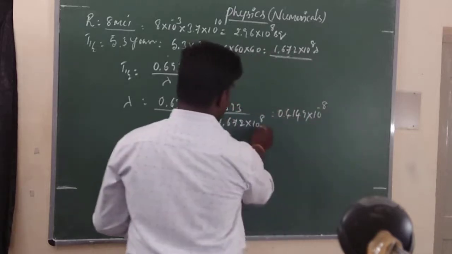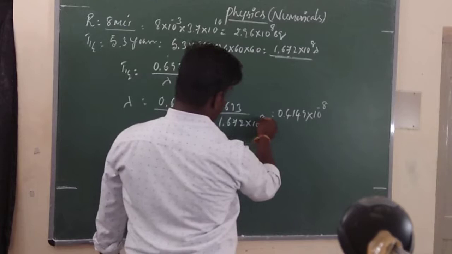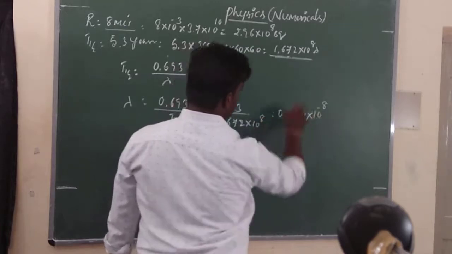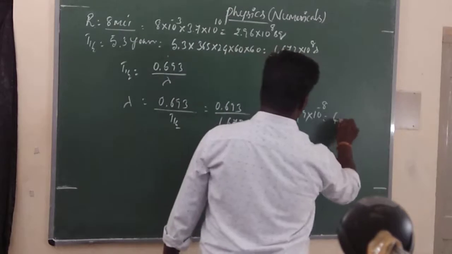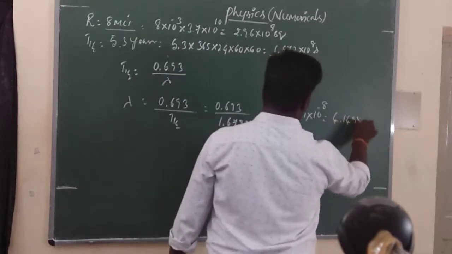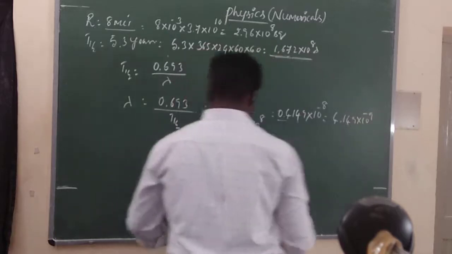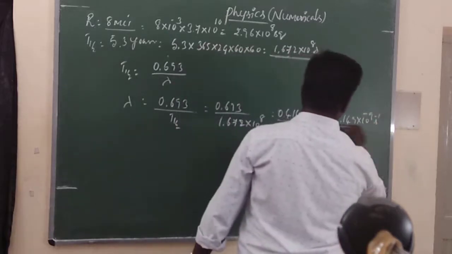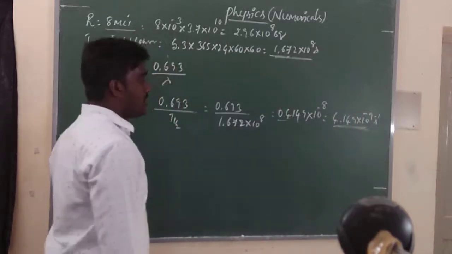Since 10 to the power of 8 is in the denominator, it becomes 10 to the power of minus 8, so we write it as 4.149 into 10 to the power of minus 9 per second. So this is the value of lambda.